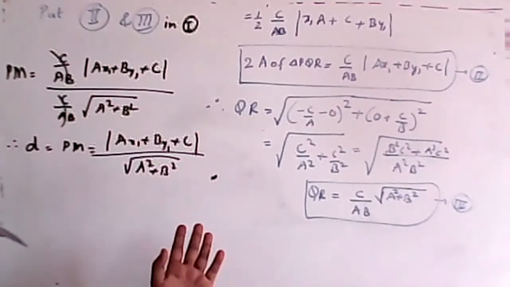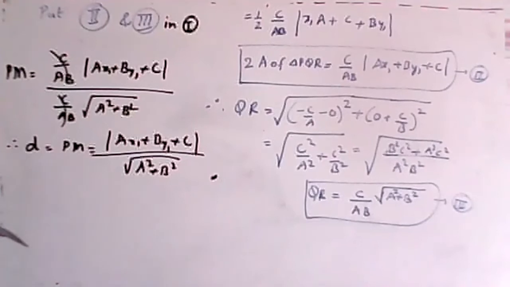Now we are going to derive the distance between two parallel lines, when the parallel lines are shown with the same equation form, ax plus by plus c is equal to 0. Any line can always be shown by this formula, ax plus by plus c is equal to 0.